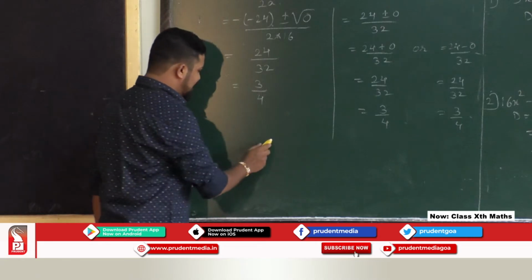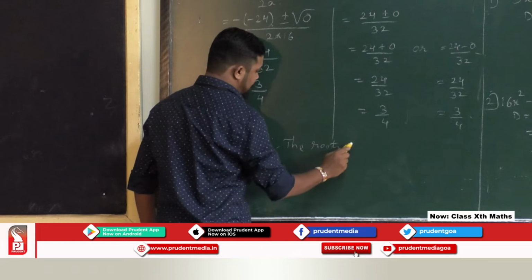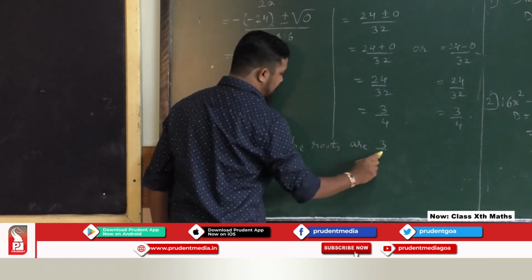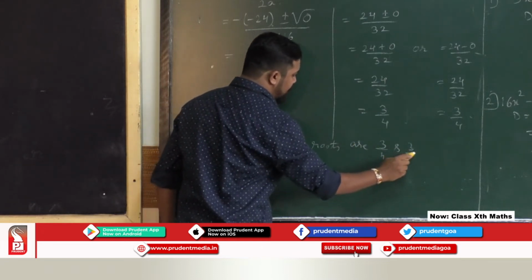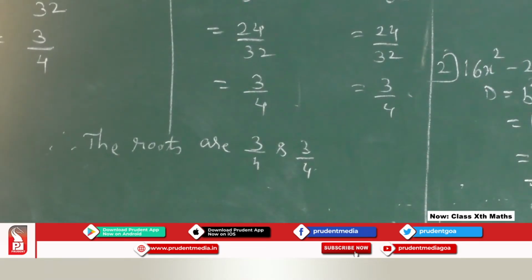And therefore, we will say the roots are 3 by 4 and 3 by 4. These are called equal and repeated roots.